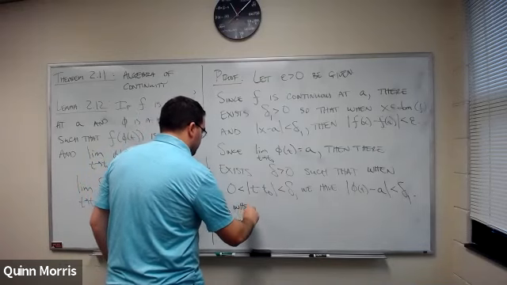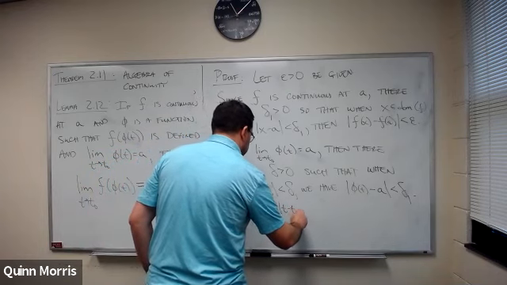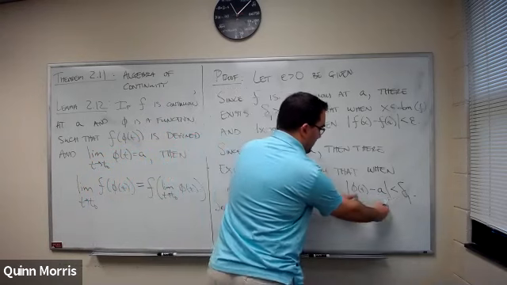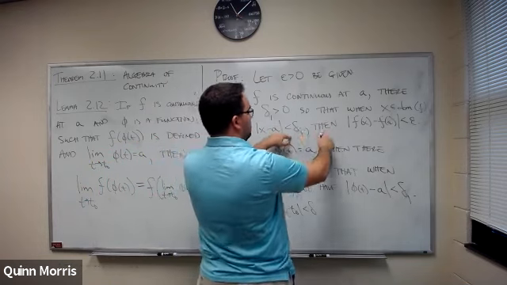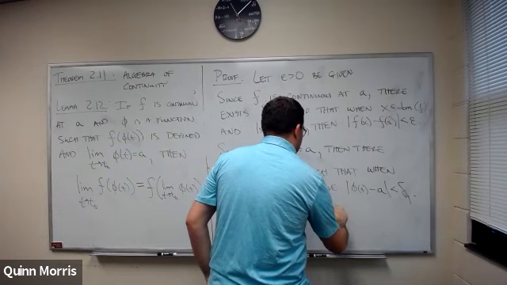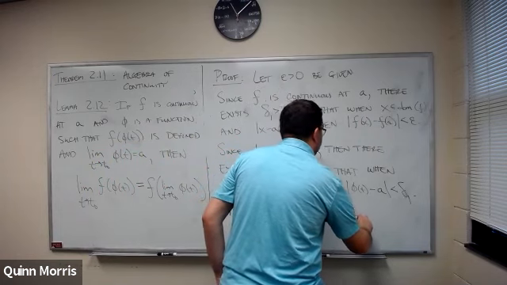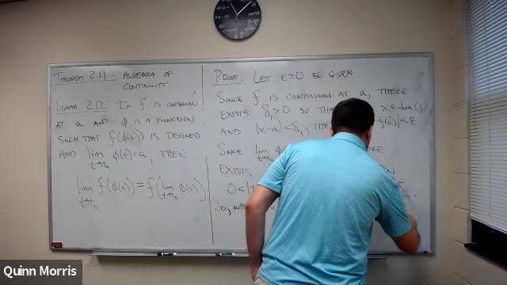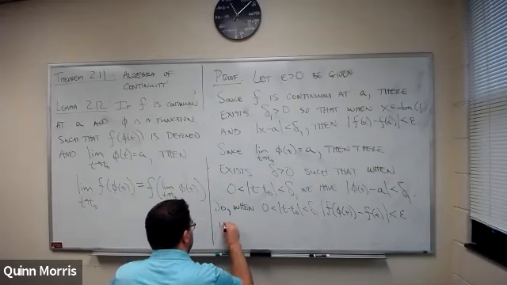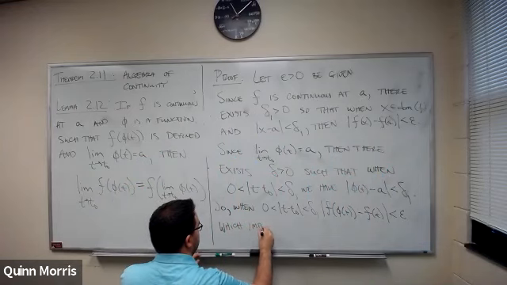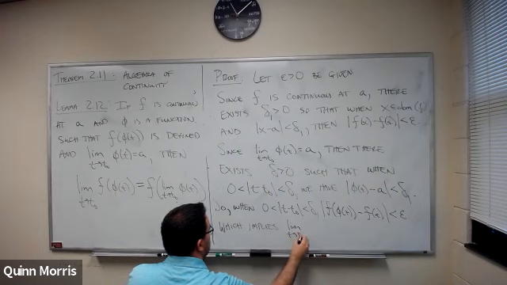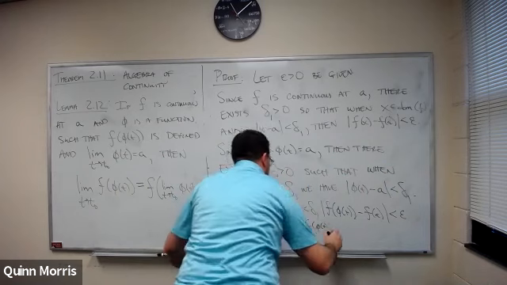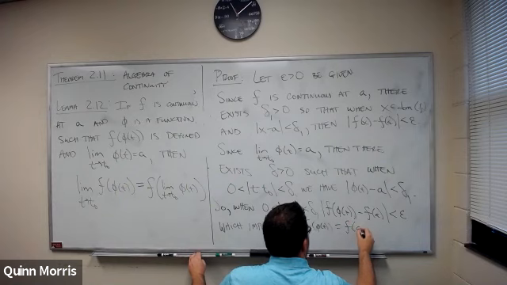when 0 is less than |t minus t naught| less than delta, then we have this, but now substituting phi of t for x here, I have this, which implies that |f of phi of t minus f of a| is less than epsilon, which implies that the limit as t approaches t naught of f of phi of t is equal to f of a.